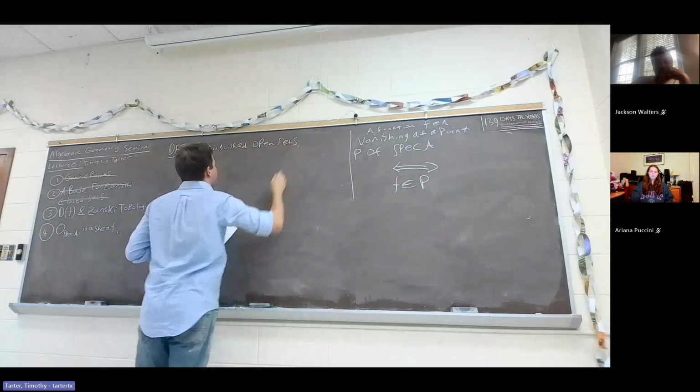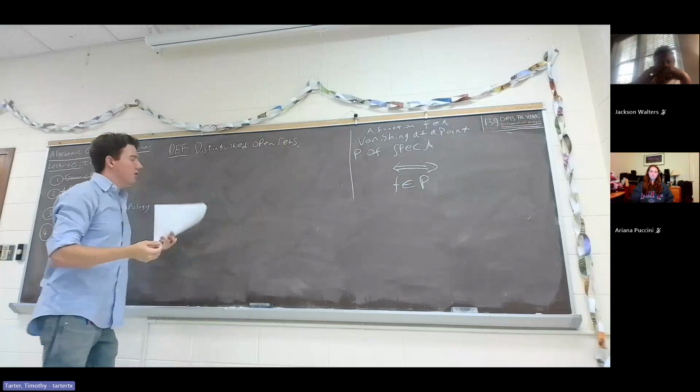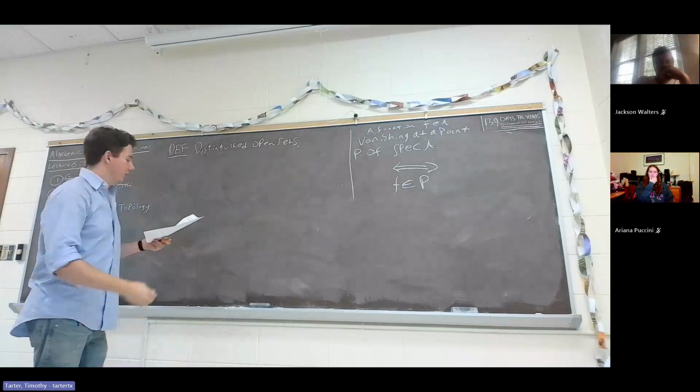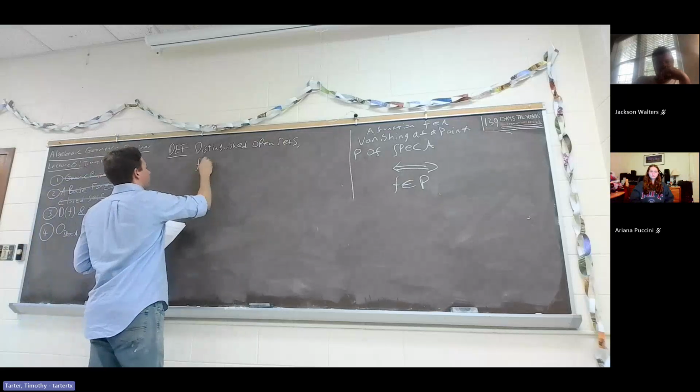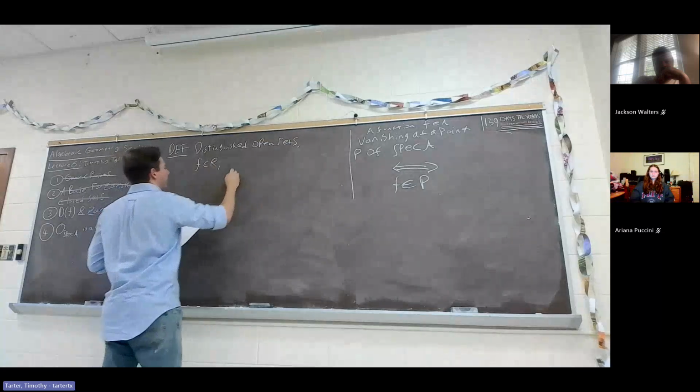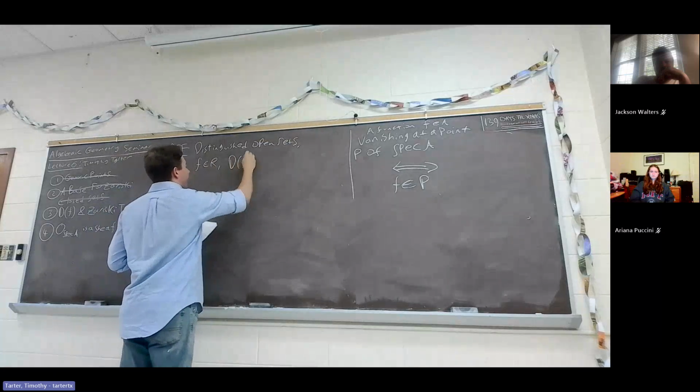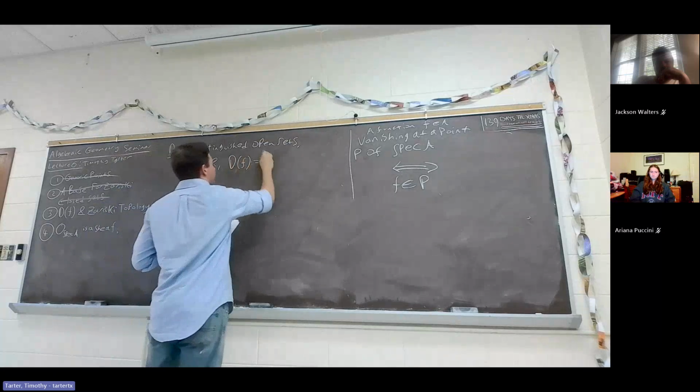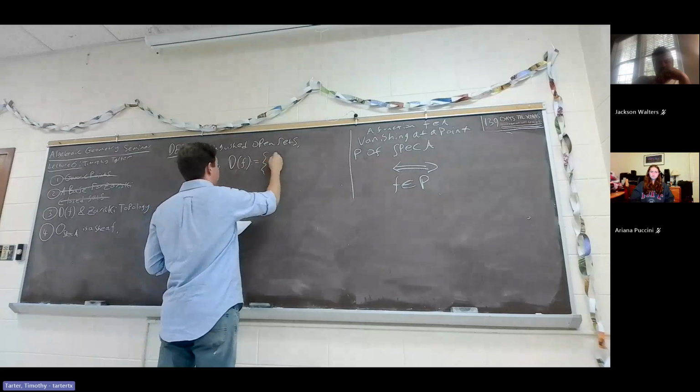And the reason why we call them distinguished open sets is that they're distinguished by a certain polynomial in the original ring.